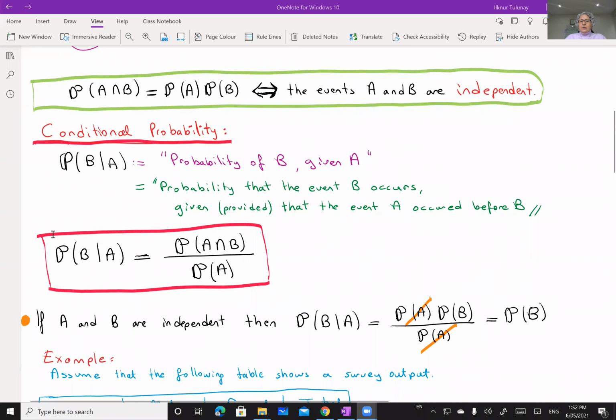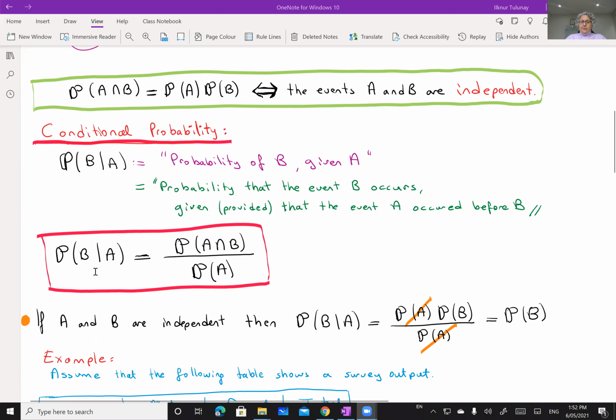And this equation is a very important equation, also called the Bayes equation. It gives the conditional probability in terms of the joint probability.